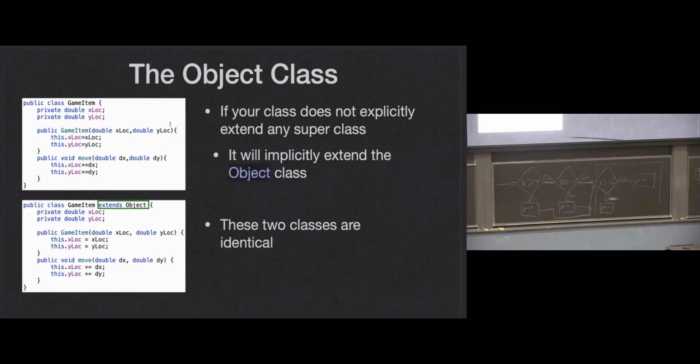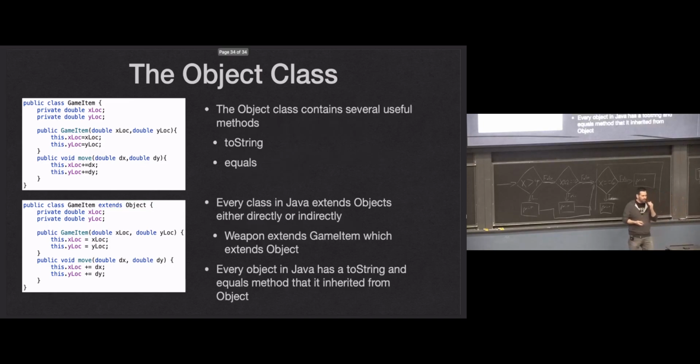So writing public class game item, or public class game item extends object, these do the same exact thing. If you don't explicitly extend anything, you automatically get the object class as an extension. Absolutely everything in Java ends up extending the object class either directly or indirectly.